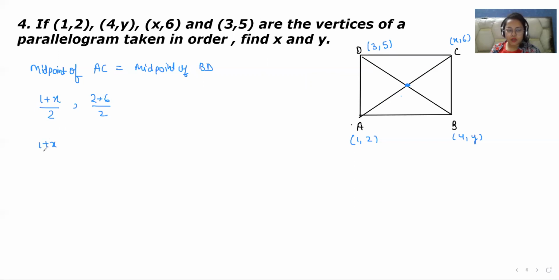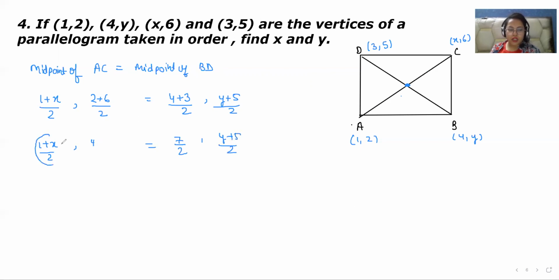So (1 plus x) over 2, comma, 6 plus 2, 8 over 2, that is 4. Now, the midpoint of BD: x1 is 4, x2 is 3, over 2, so it is 7 over 2, and for the y coordinates, y plus 5 over 2.